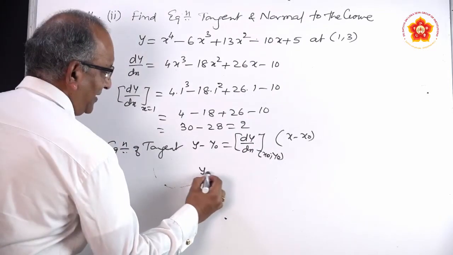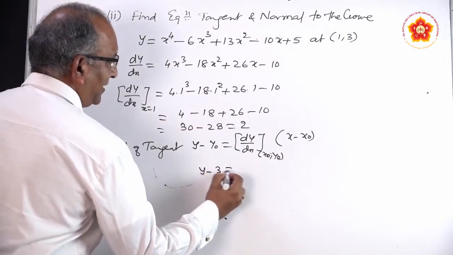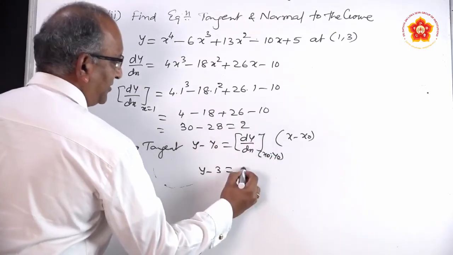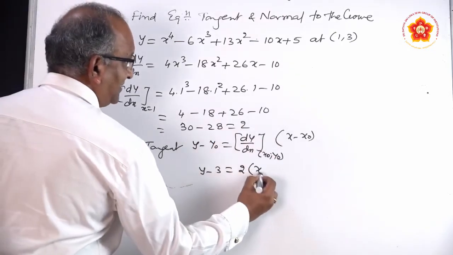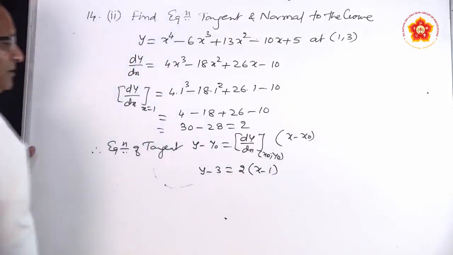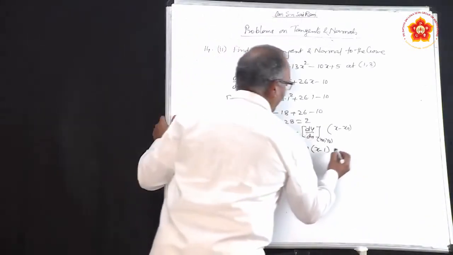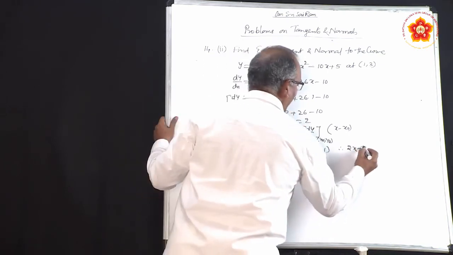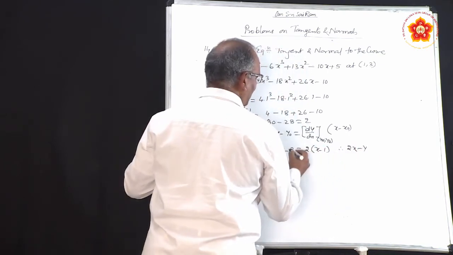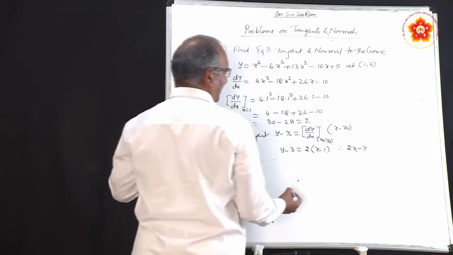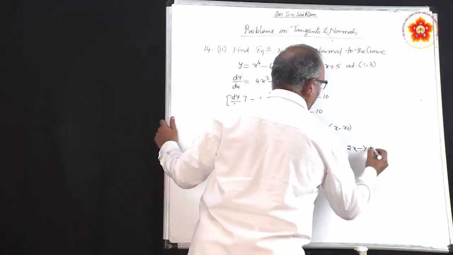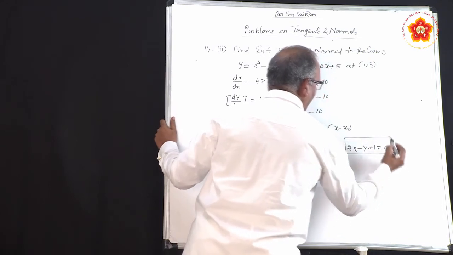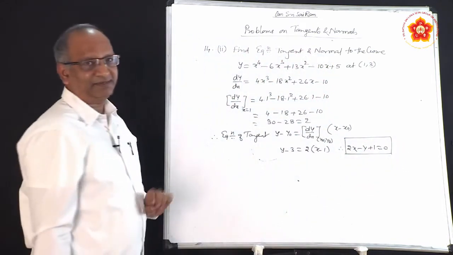So it is y minus 3 equal to the value you have found out, dy by dx at x0 y0 is 2, times x minus 1. Simplify it, you will get the answer. The answer is 2x minus y, here it is minus 2, and minus 3 if it comes to that side, plus 3, so plus 1 equal to 0. This is the equation of tangent.